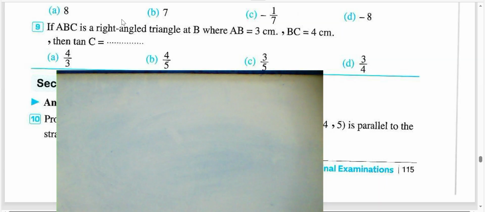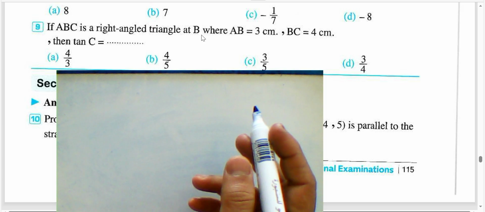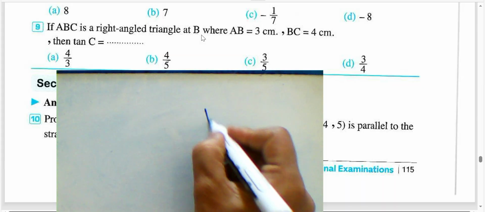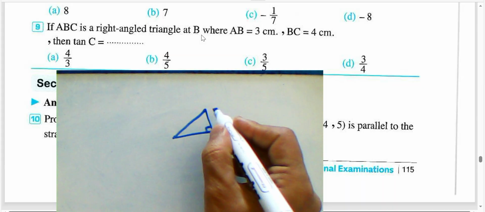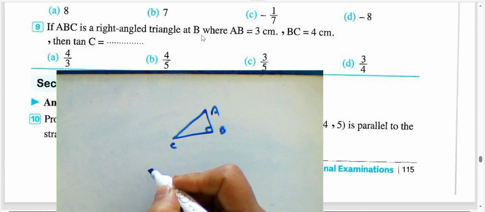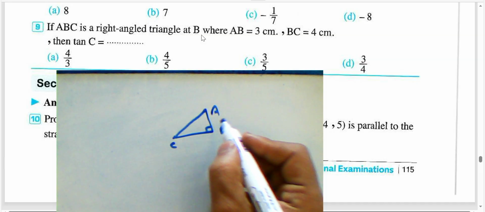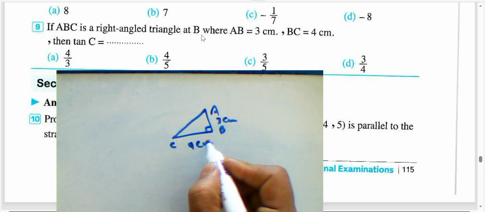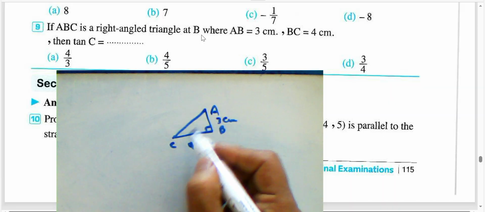Next question. If triangle ABC is right-angled at B, where AB equals 3 cm and BC equals 4 cm, then tan C equals. We can find the length of AC from the Pythagorean theorem.